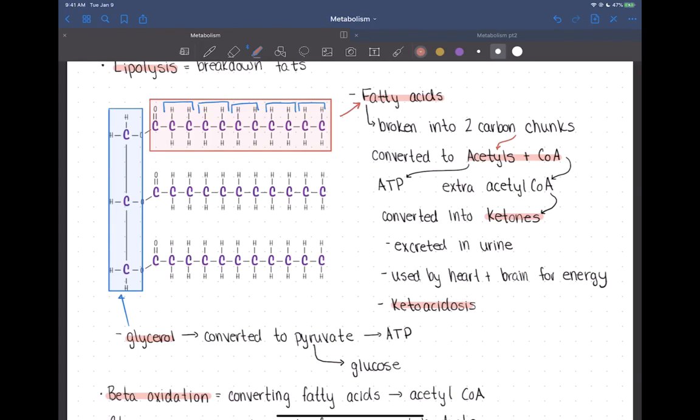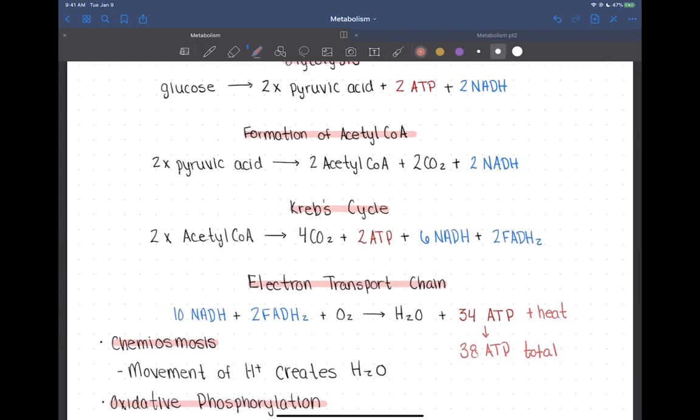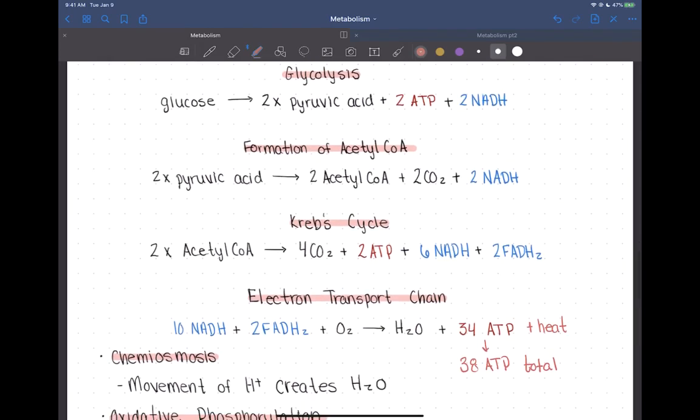And so our other 3 carbon molecules that we have in cellular respiration were pyruvate or pyruvic acid. Remember, in glycolysis, we essentially cut our glucose in half and ended up with 2 pyruvates. Then we could, if we look up here in our kind of condensed steps, we can take those pyruvates, use them in the formation of acetyl CoA, and just proceed all the way through the rest of the steps to make ATP.